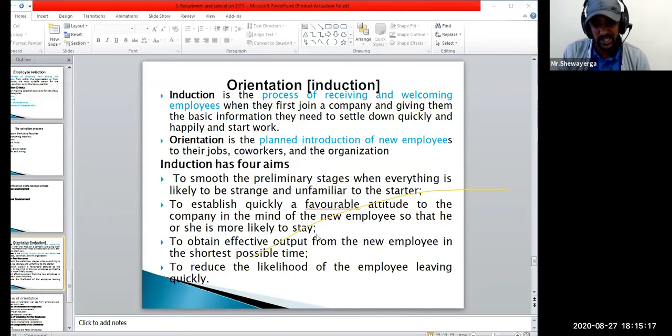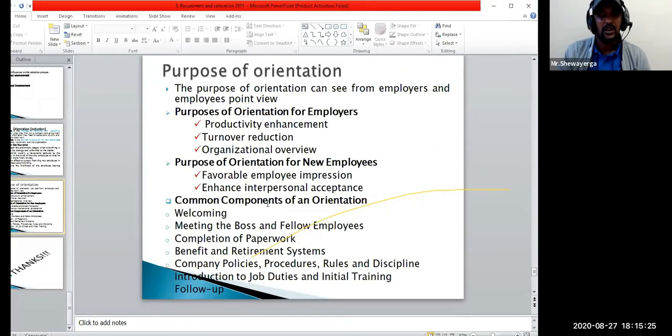The next one is orientation, talking about specific tasks or jobs, duties, responsibilities. Then next we'll see the purpose of orientation, which is the next step after induction. The purpose of orientation can be seen from two sides: employer side and employee side. We're now seeing the purpose of orientation from the employer side. Then productivity will be increased or enhanced, turnover reduced, and organizational overview will be improved.